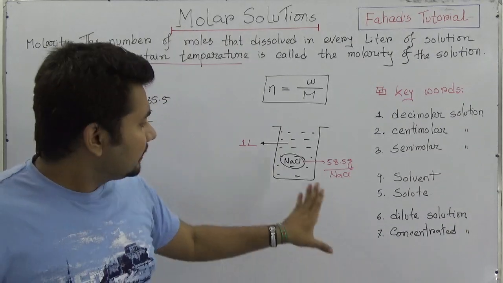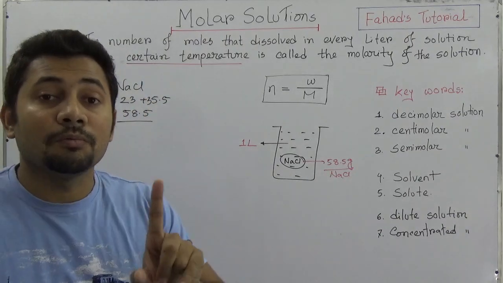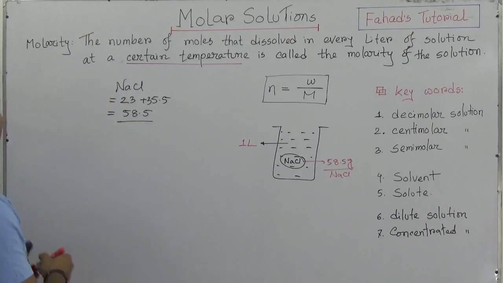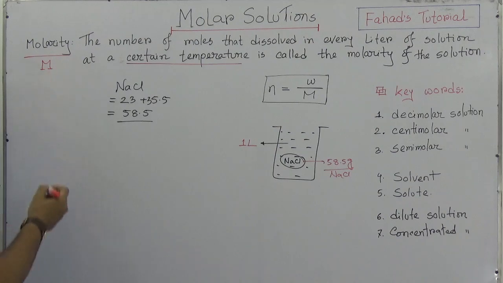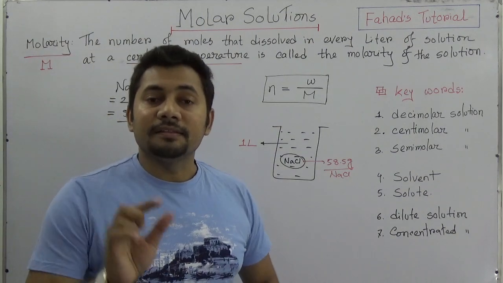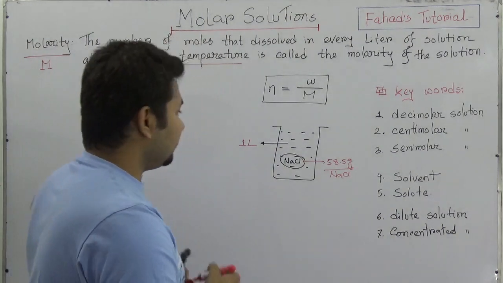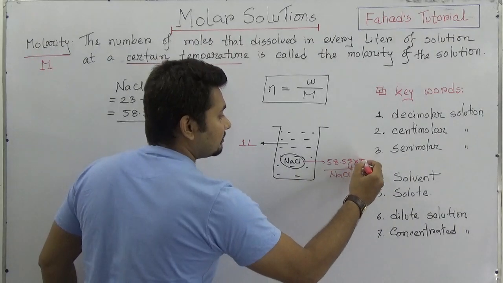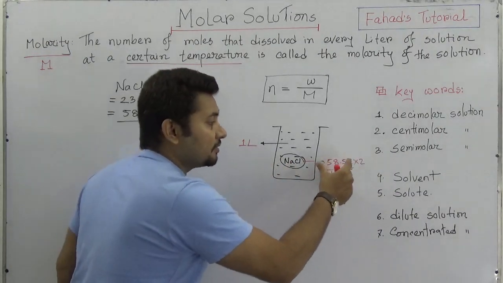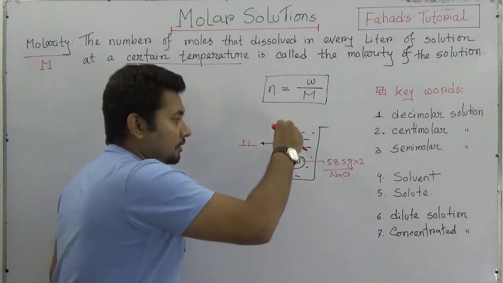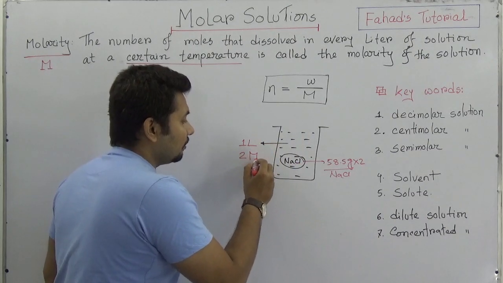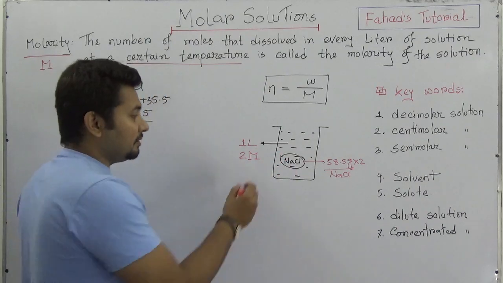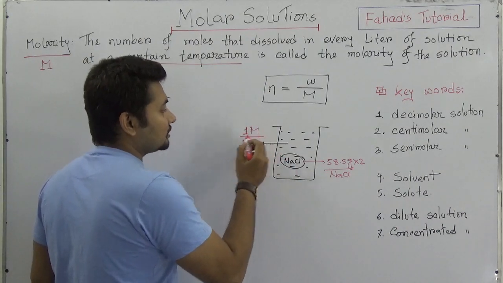Now we can say that this solution is 1 molar. Molarity is expressed by the capital letter M, and this is called 1 molar. If this amount of grams is doubled, then it is a 2 molar solution, and previously it was a 1 molar solution.